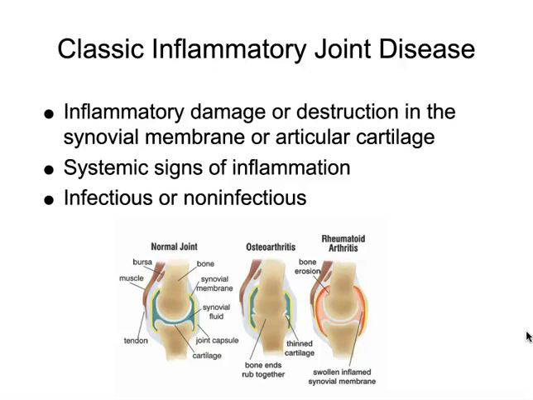Whereas non-infectious means that we have some immune reactions, so for example, in something like rheumatoid arthritis or psoriatic arthritis, or that deposits crystals of monosodium urate in and around the joint, like in gouty arthritis.